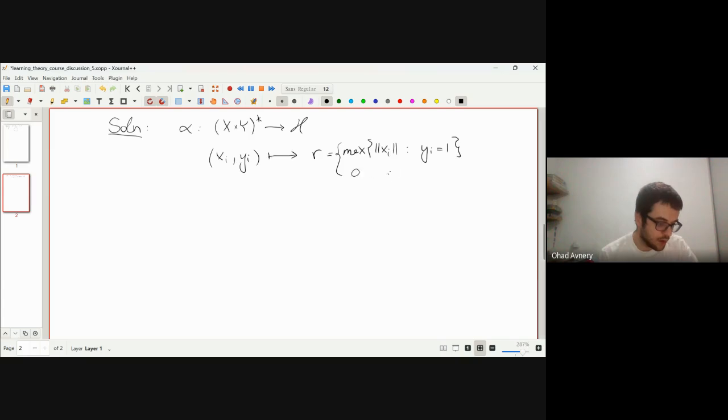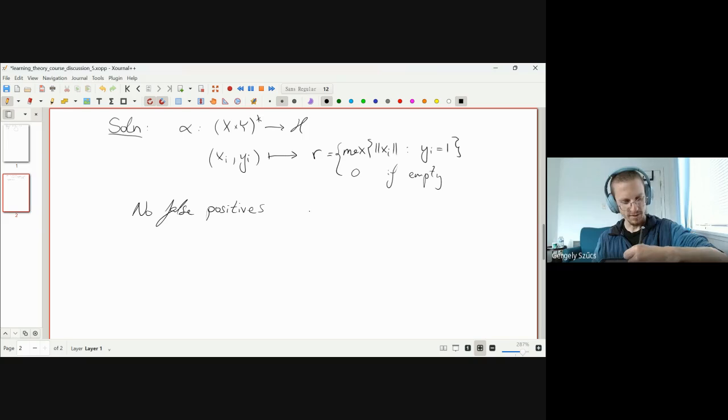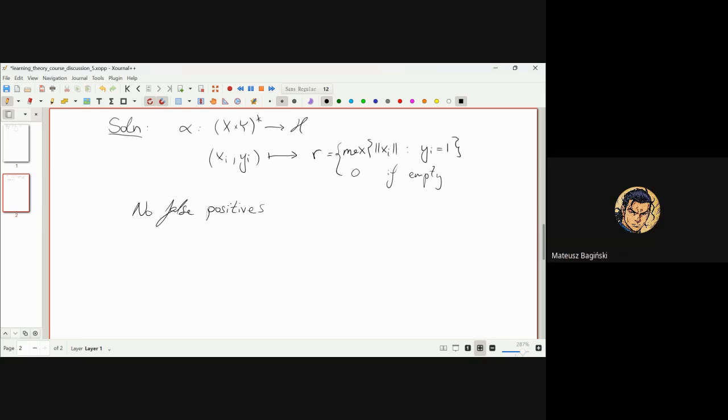Here, this algorithm has no false negatives. Sorry, it has no false positives, but no false negatives, or the other direction? I'm not sure, the terminology is confusing. Right, it has no false positives, I think.